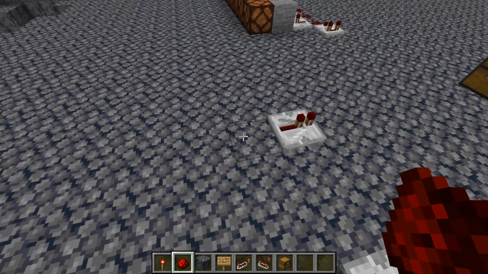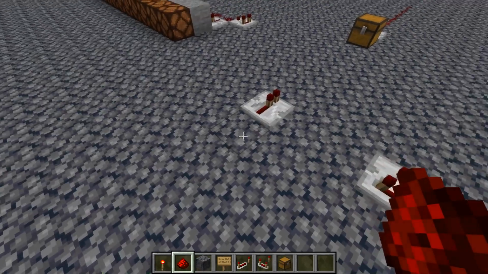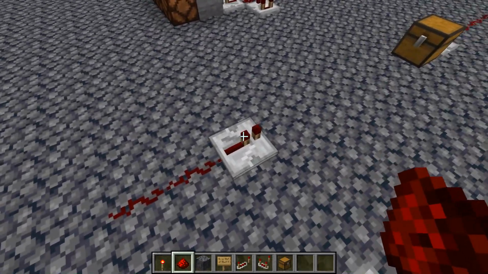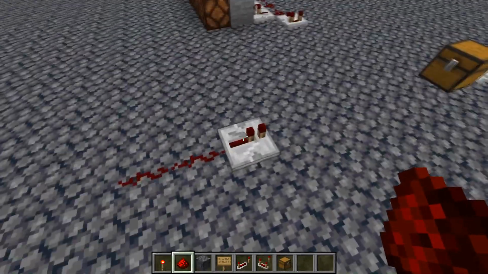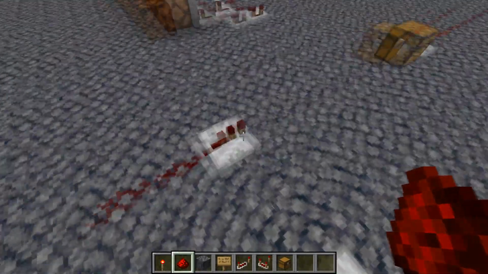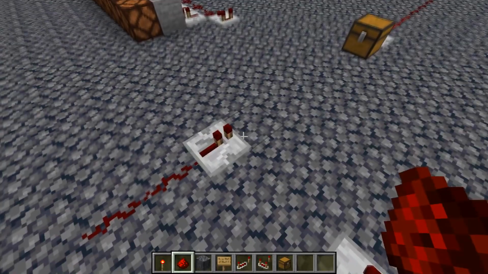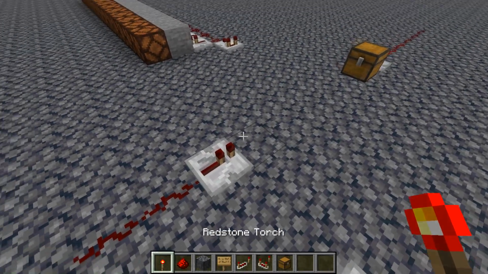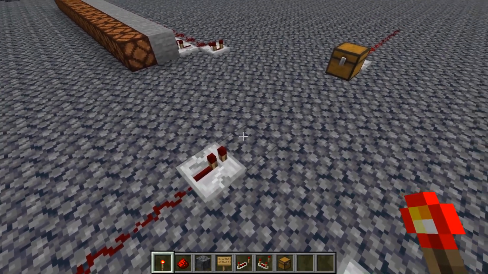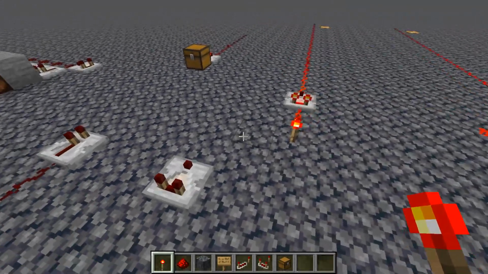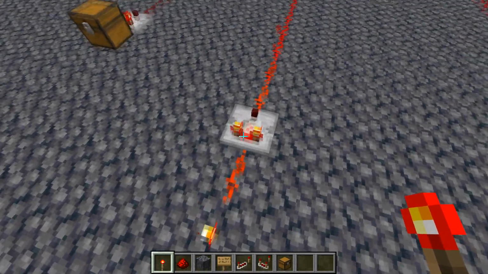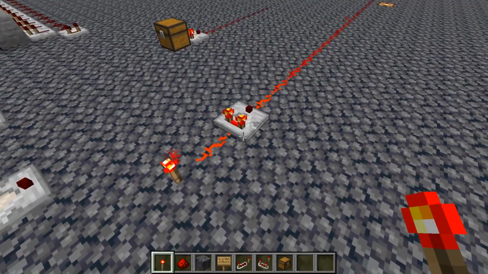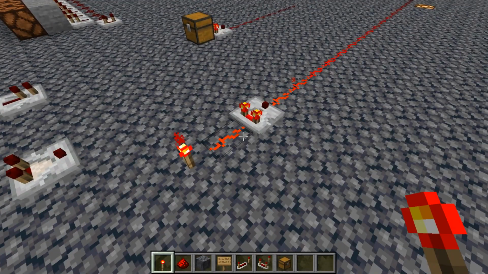So if you have a very weak input going into a repeater, it will relay the signal but strengthen it, so it ends up at full signal strength after the repeater. But comparators are different. A comparator maintains the signal strength that goes into it.